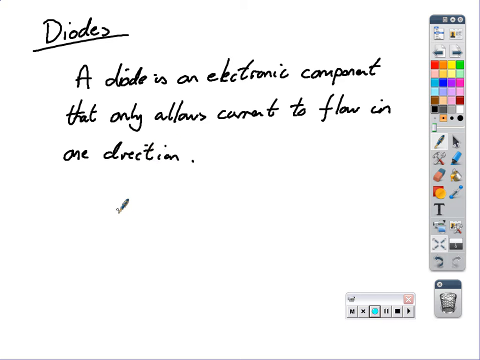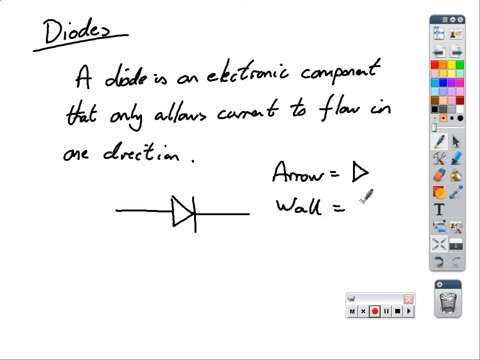The symbol for a diode is this here, an arrow against a wall. I want you to think about it in terms of an arrow, like that, and a wall. Arrow pointing towards the wall.